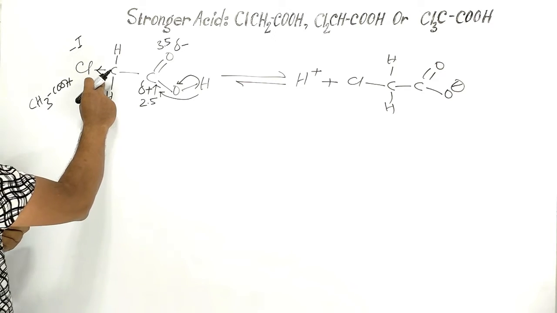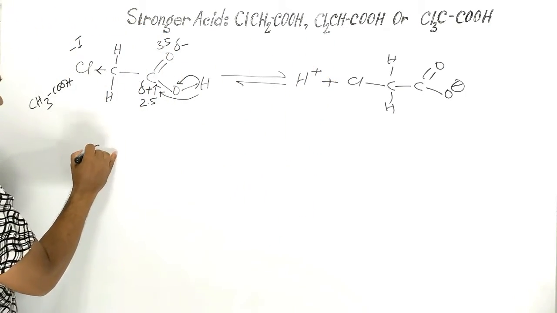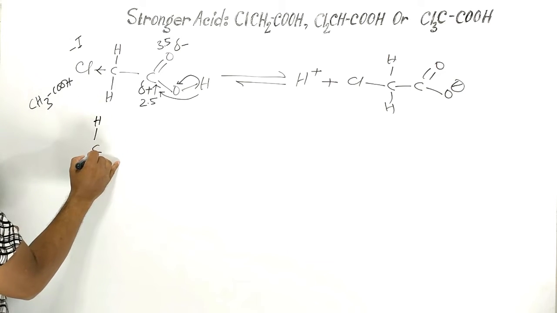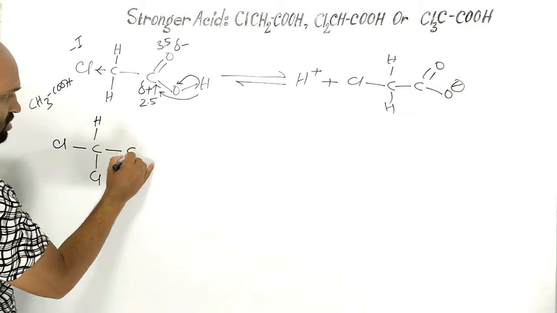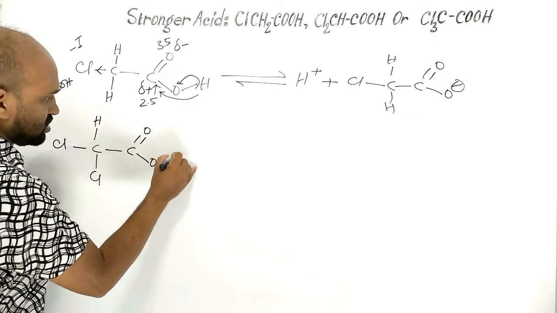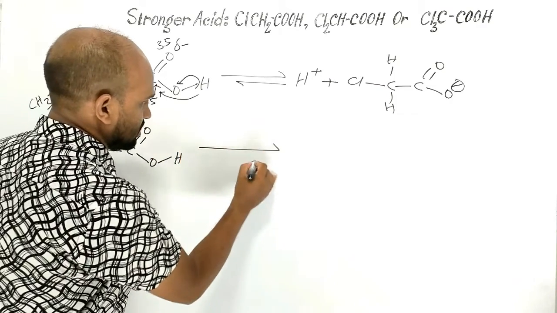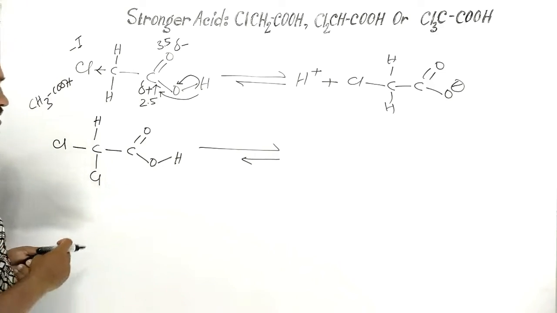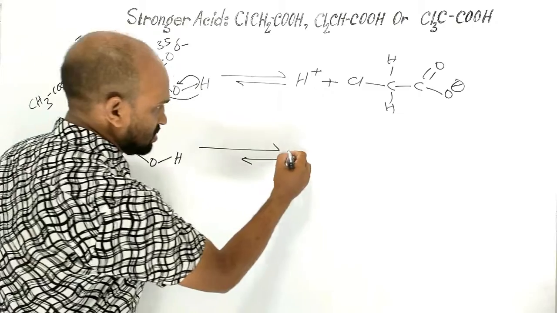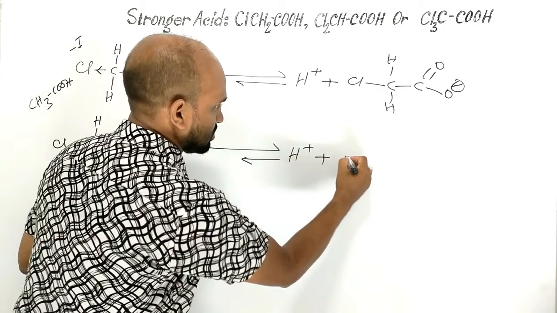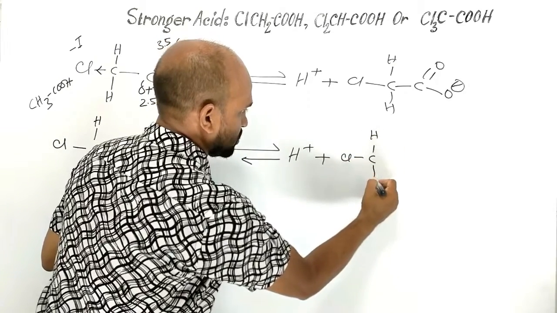Let's see another acid, that is dichloroacetic acid. Carbon, hydrogen, here chlorine, here another chlorine. This is the structural formula of dichloroacetic acid. Similarly, it produces a proton, that is, this hydrogen gets freed as a proton, and dichloroacetate ion is formed.